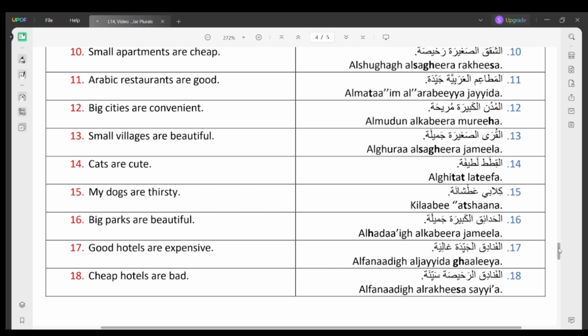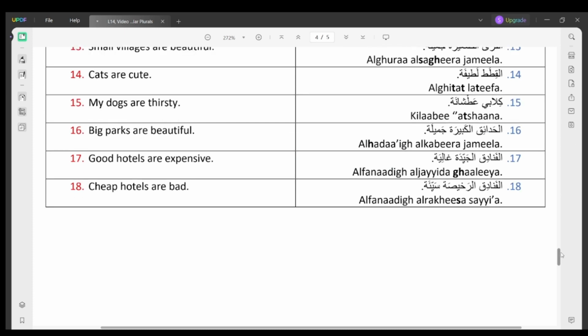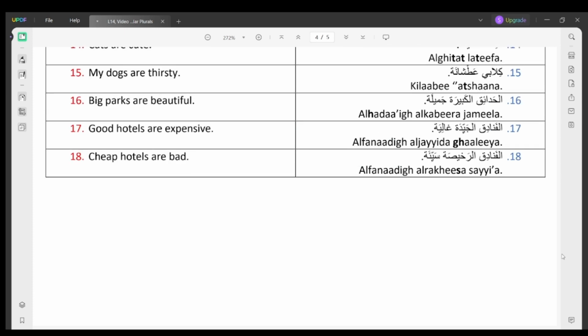Number 13. Small villages are beautiful. القرى الصغيرة جميلة. Number 14. Cats are cute. القطط لطيفة. Number 15. My dogs are thirsty. كلابي عطشانة. Number 16.